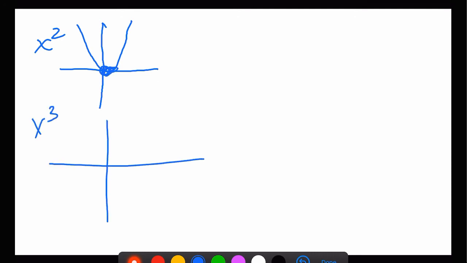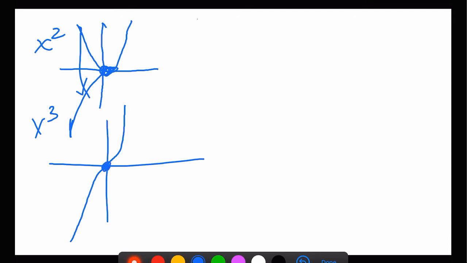Let's draw that again. So x squared looks like that. Okay, that's 0. X cubed is going to look like this, part gets broken off and turned down, right? And so it's going to look like that.